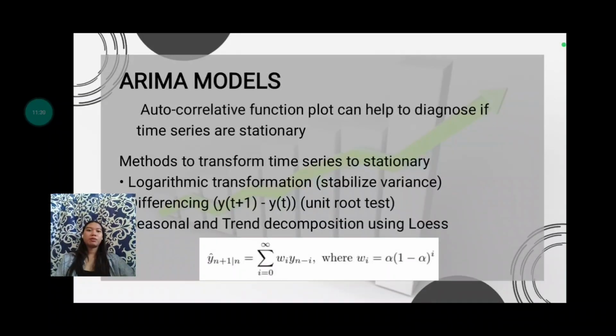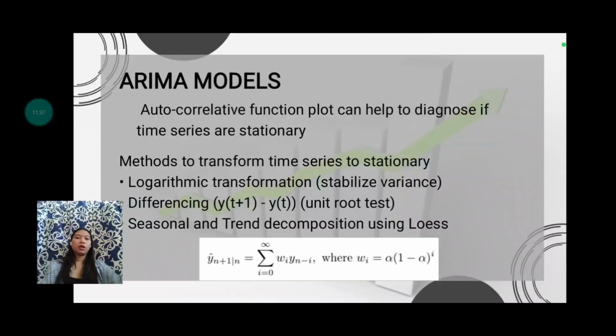Methods to transform a time series to stationary: logarithmic transformation to stabilize variance, differencing Yt+1 minus Yt, unit root test, and seasonal and trend decomposition using Loess. So that's the formula. And ARIMA means autoregressive integrated moving average, which helps forecast stationary data.